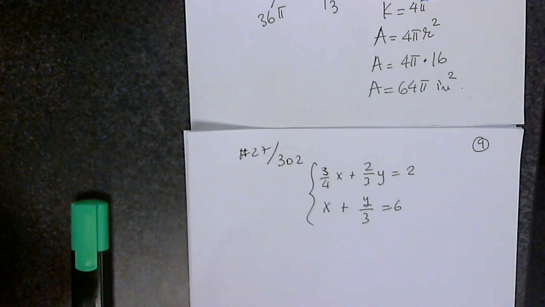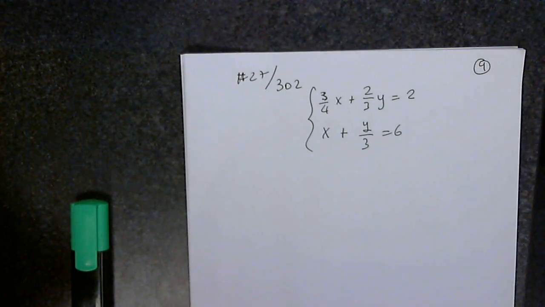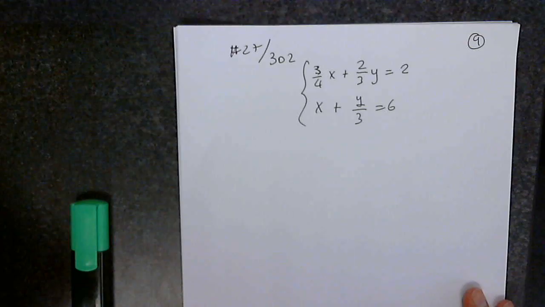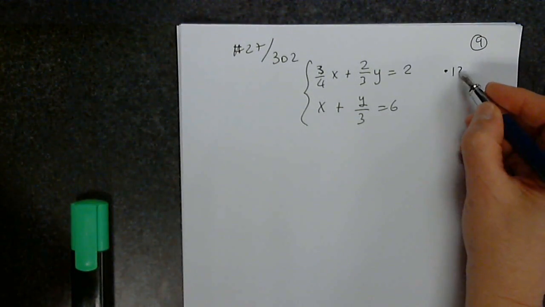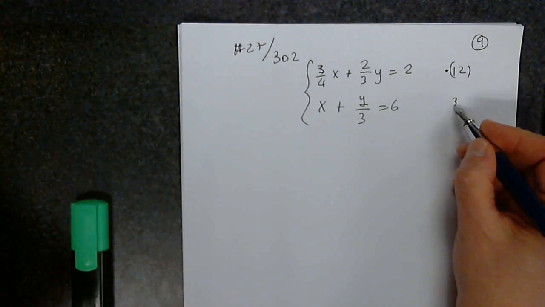So I can multiply the top one by like 12 to get rid of the fraction. This is what I would do. And multiply the bottom one by a different one to get rid of the fraction. Of course. Okay. They are not related in the sense that I have to multiply the top one by the same number, they are individual lines. Yes, this is what I would do. I'll multiply the top by 12 and the bottom by 3.